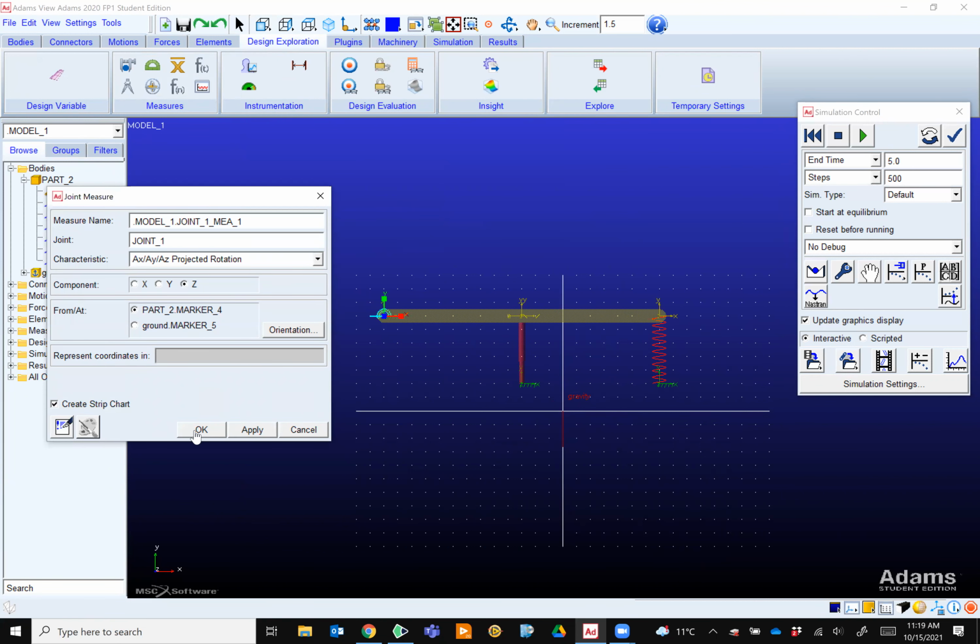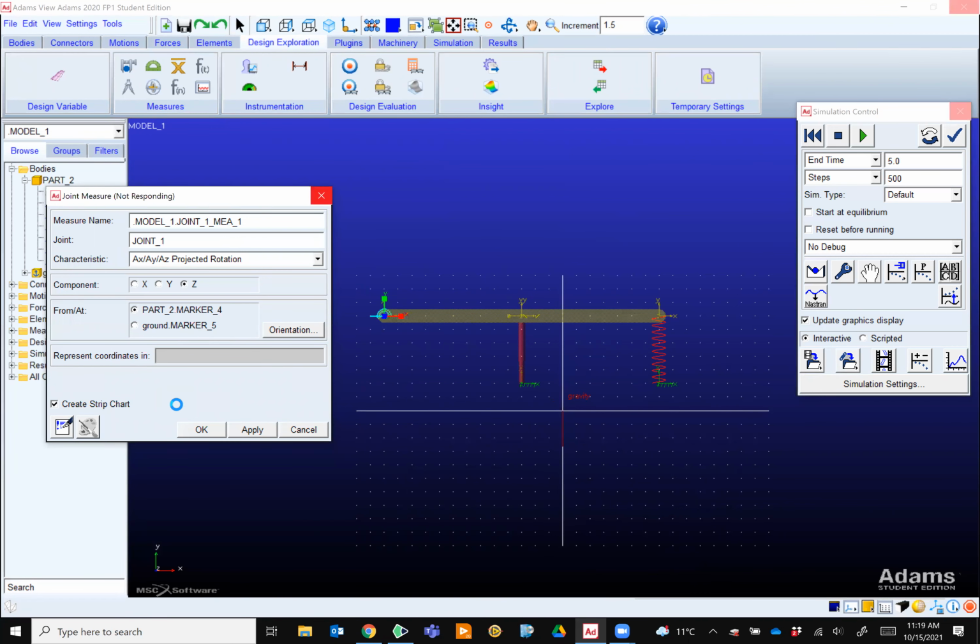Probably we wanted everything about the z-axis. And it's doing some calculation. Too long, longer than I expected.